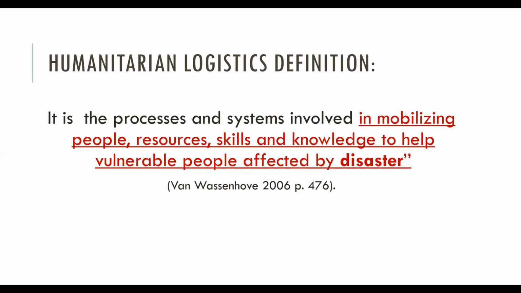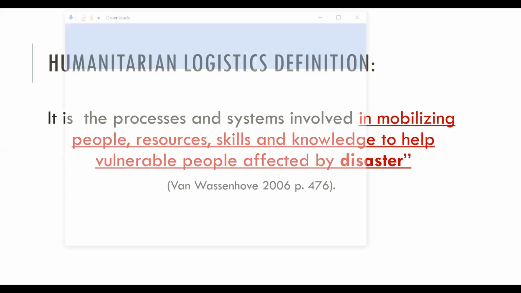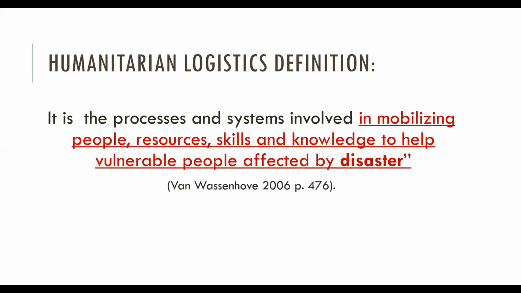This is translated into the performance measures. In humanitarian logistics or relief supply chain, it will be how many lives we have saved, how many people are being served with aid, or the response time after how many hours we are operating on the field.